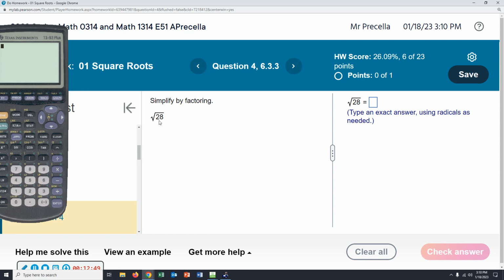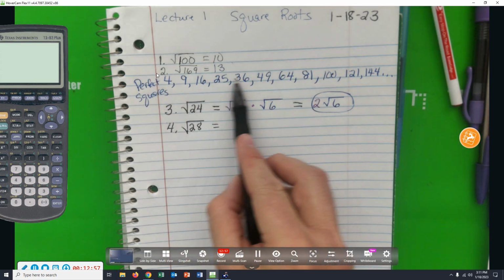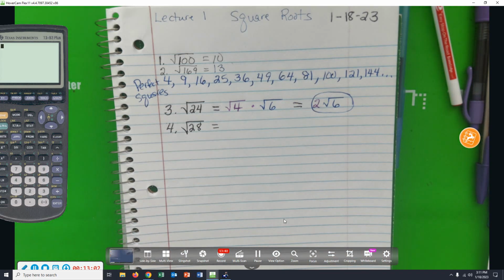Okay. The square root of 28. Is 28 a perfect square? No, it's not a perfect square. What's the biggest number up here that divides evenly into 28? These problems are better. Remember, everyone's problem is different when you're doing the homework.